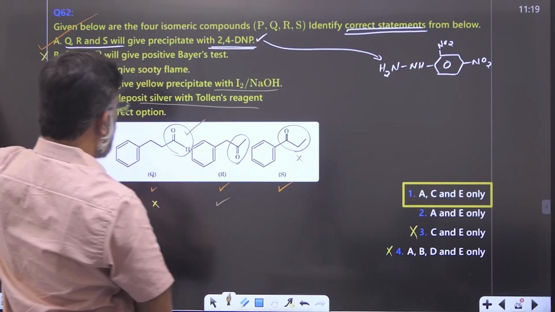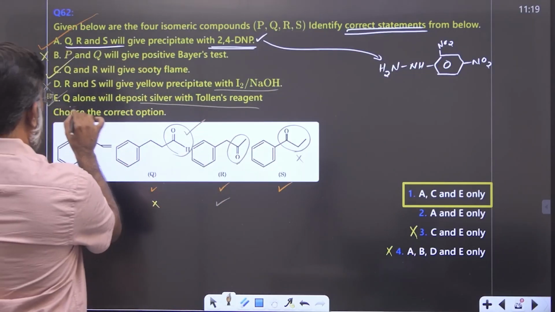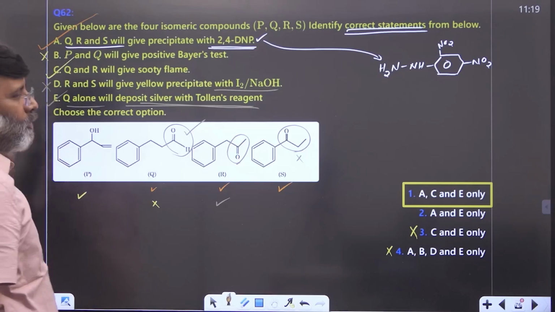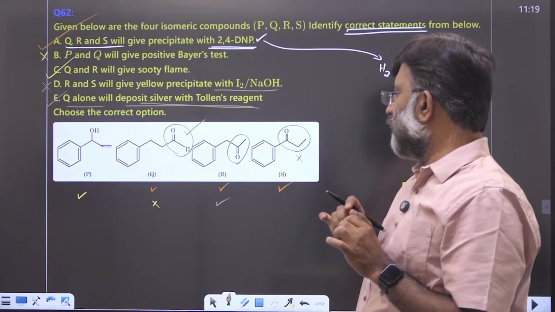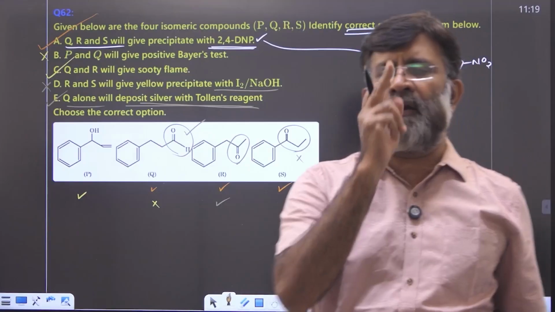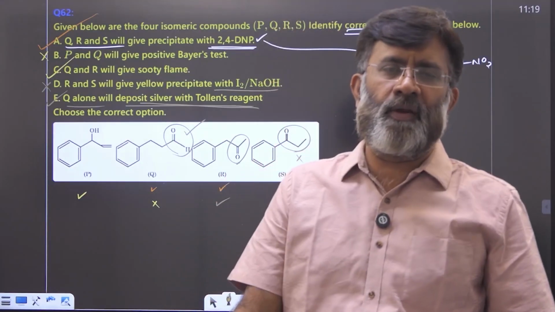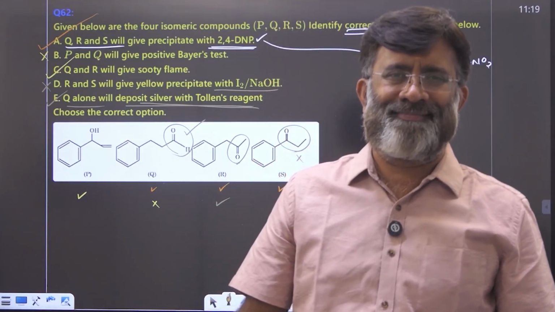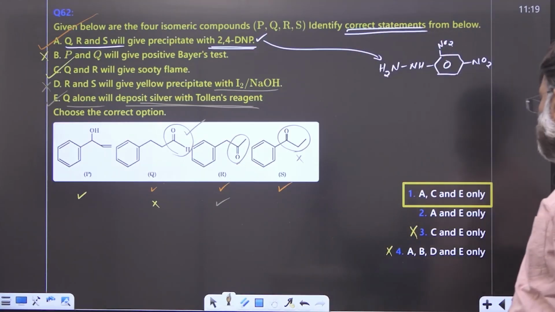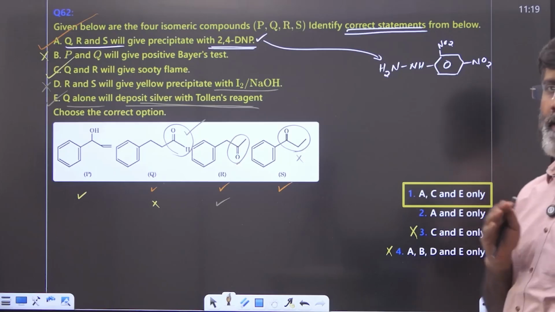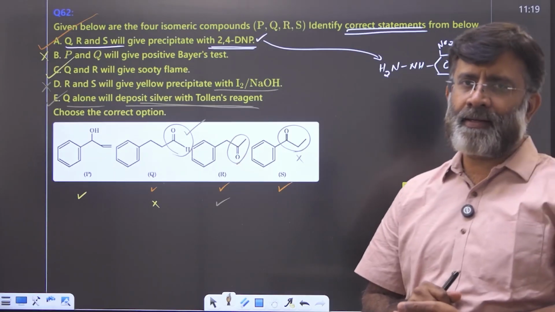Out of the four compounds, only one is an aldehyde, and only Q will respond to the Tollens test. So option E is also correct. ACE is the correct answer.